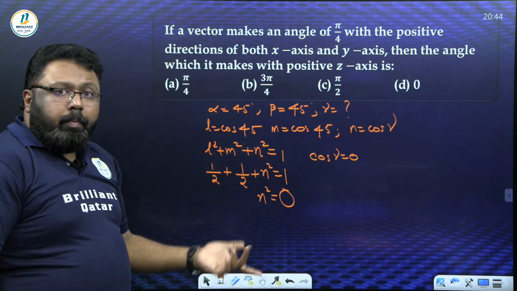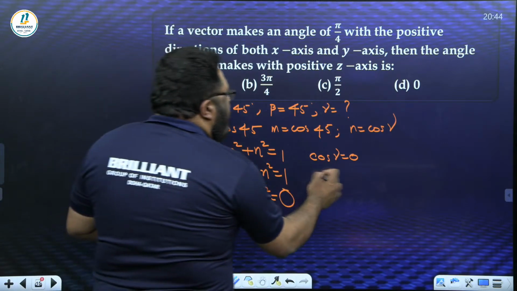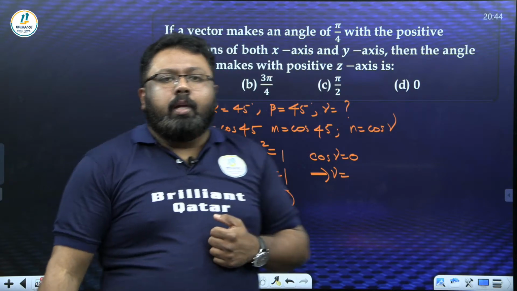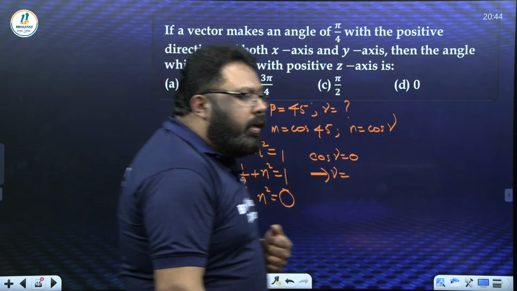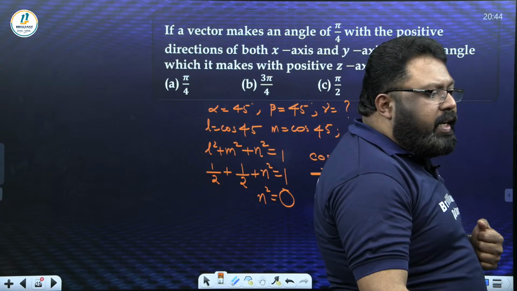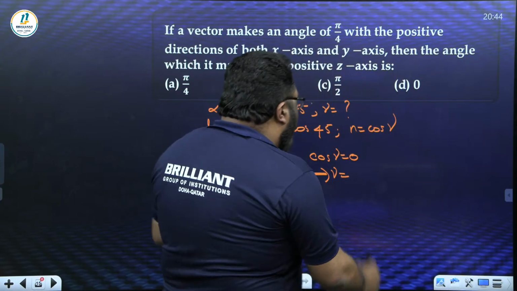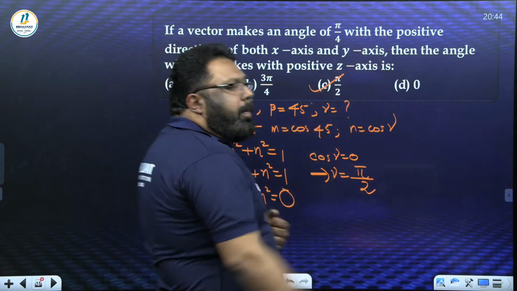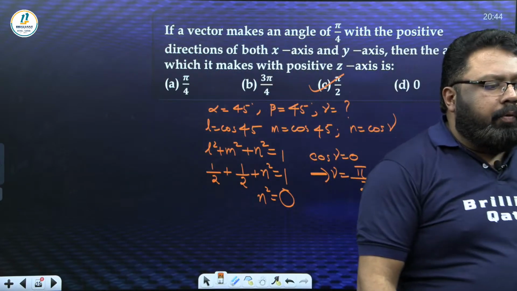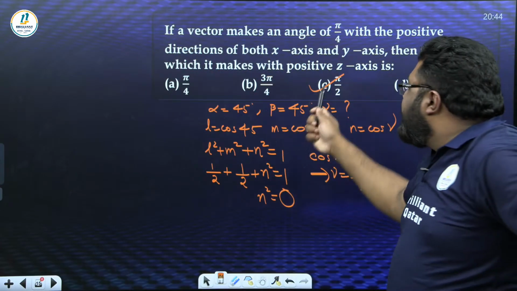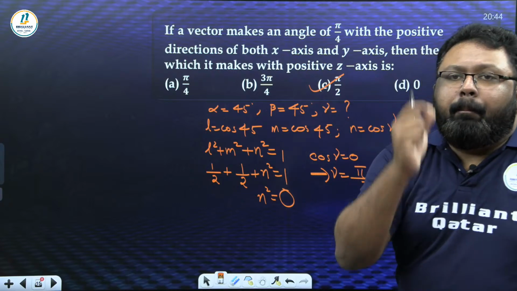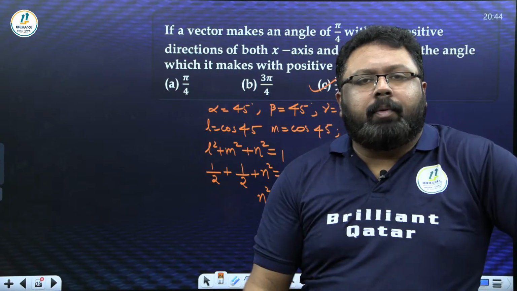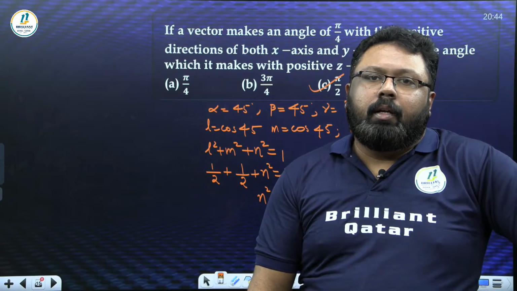When do you have an angle that makes cos gamma 0? Tell the angle please. Yes, Sanjay, right answer. Very good. The angle is pi by 2, option C. Very good, all of you. So the logic is very simple: the angle made by a vector with the 3 coordinate axes. We have the same concept in 3D geometry also, my dears.